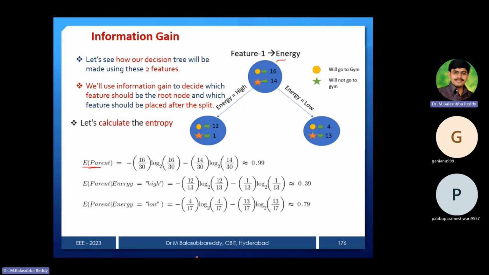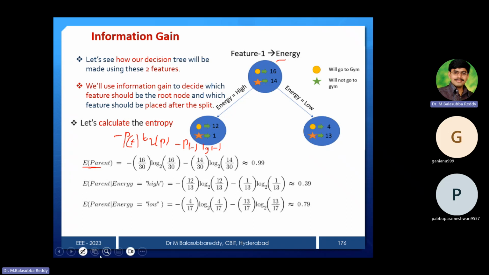The formula is minus P plus log 2 P plus, minus P minus log 2 P minus, where P plus is the positive probability and P minus is the probability of negative. This is the formula.